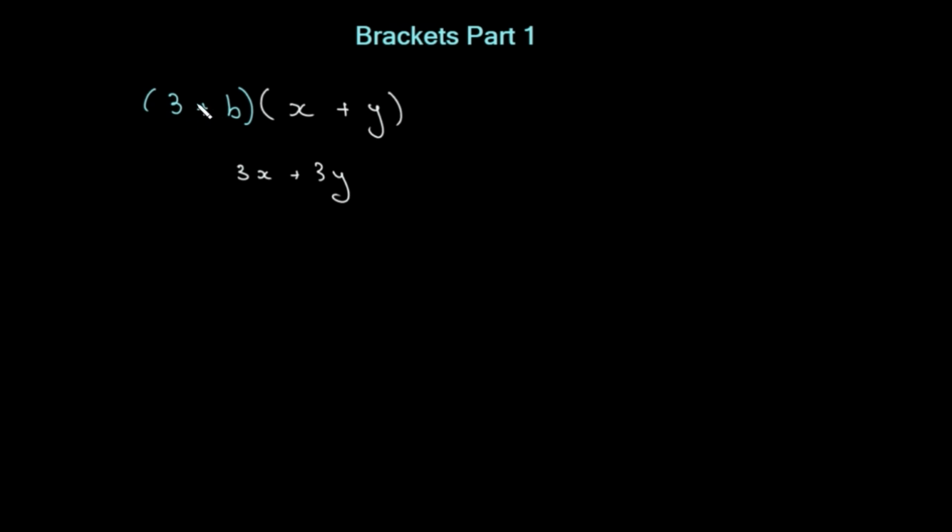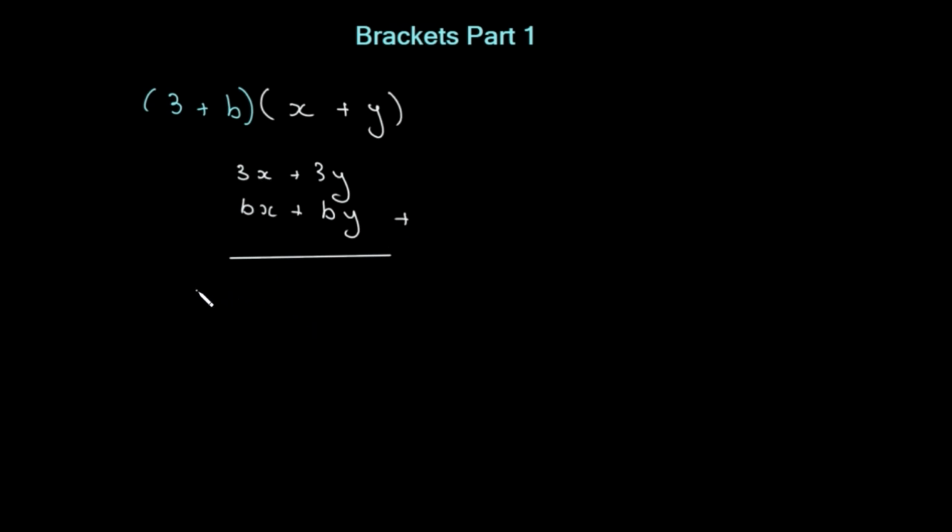Now this is telling us we got to add them together, but first everything inside here is multiplied by b. So we have b times x. That's the plus there. B times y. Okay. That add is there. Now look, 3x plus bx.